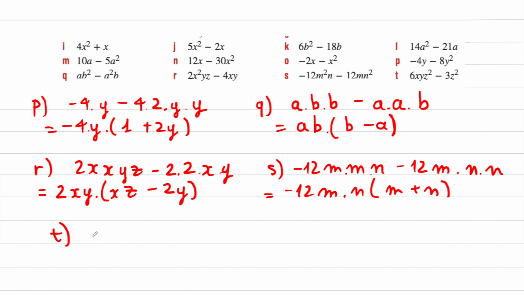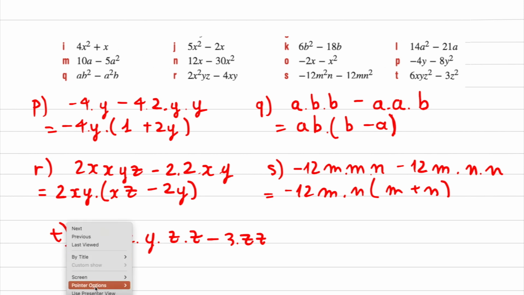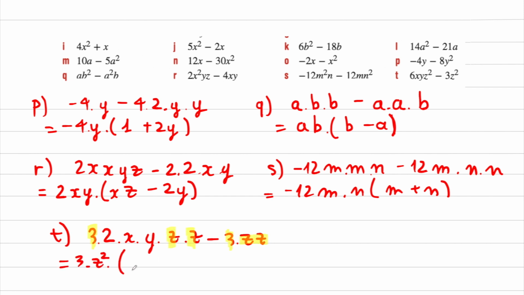Question T, 6 and 3, 2hyz minus 3z and z. So how many common factors do you have here? I've got 3, z, and z. Okay, so 3z squared will be outside the bracket, and 2hy minus 1 will be here.